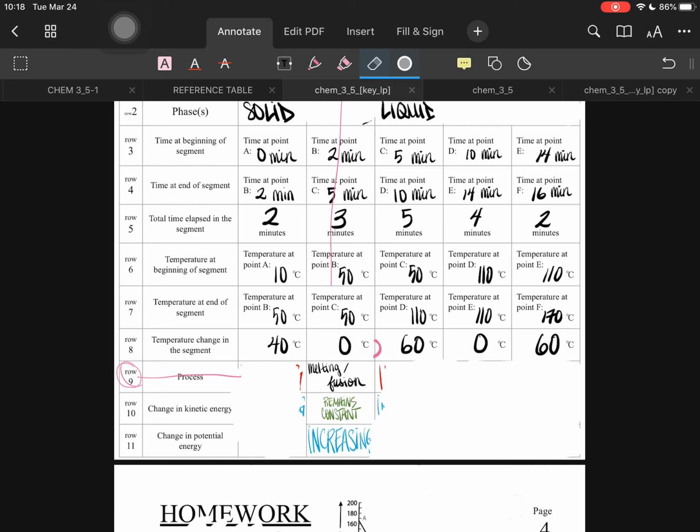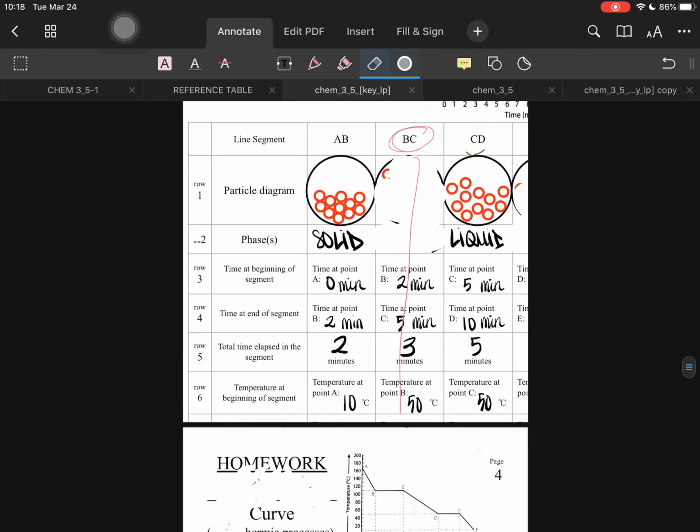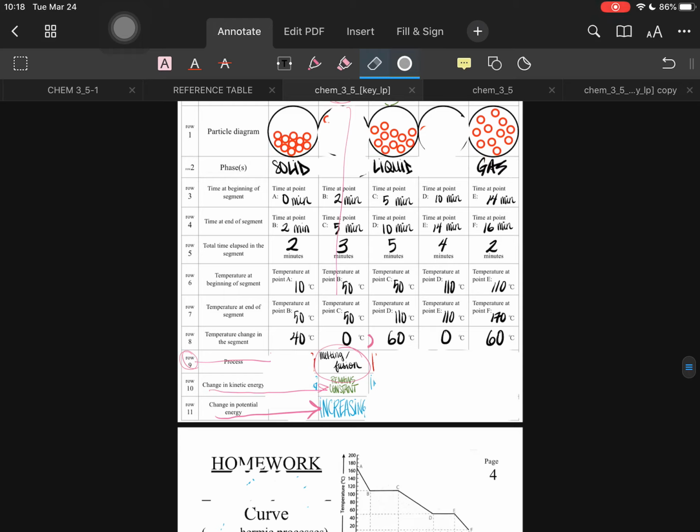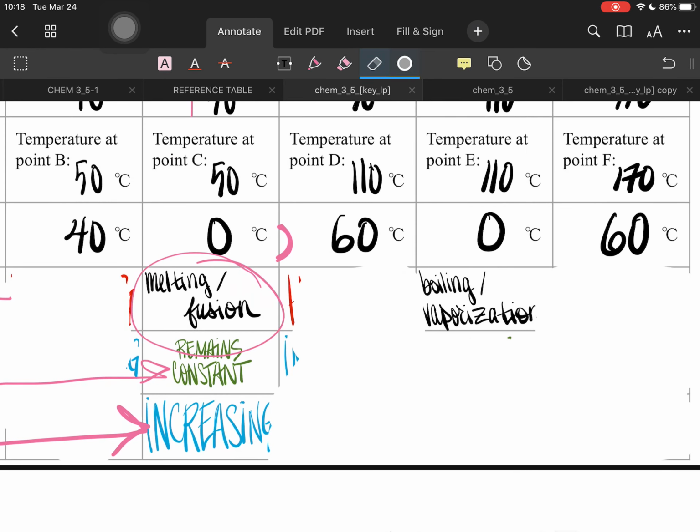So the kinetic energy, like we said, is remaining constant. The potential energy is increasing as we are melting the substance. We can say the same thing for when we are going from a liquid to a gas. That is called boiling or vaporization. Again, we're going from one phase to another.